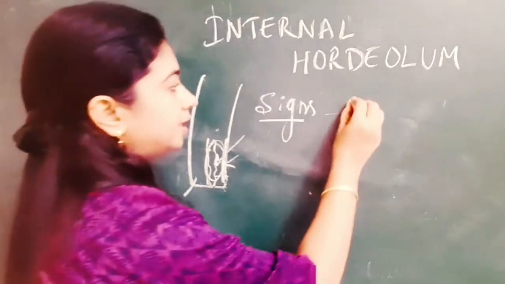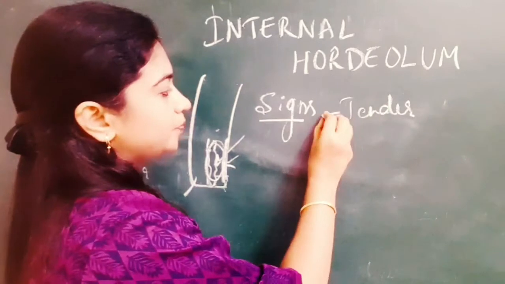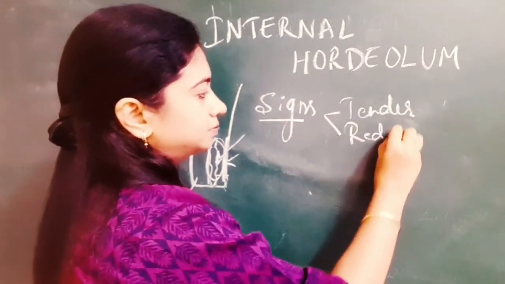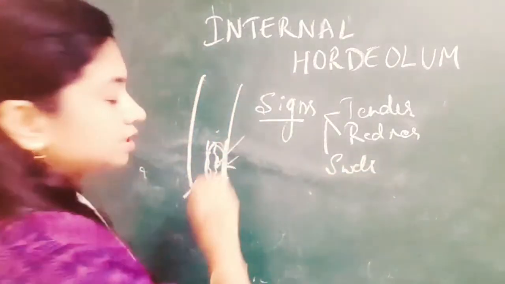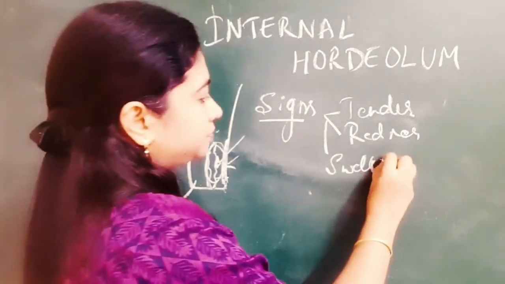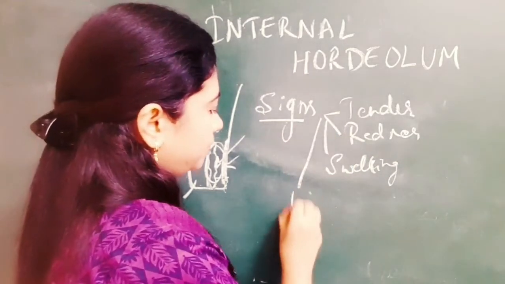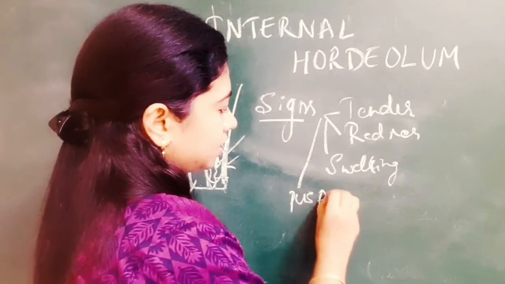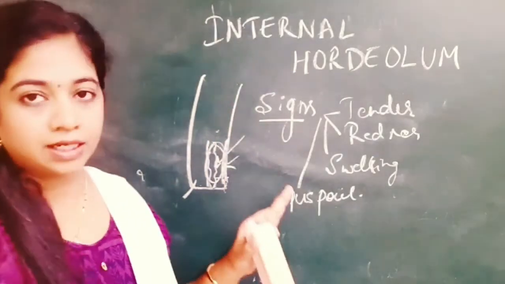You will have a tender eyelid, okay, because there is acute infection and inflammation, and there is redness of the eyelid and a swelling which is more towards the conjunctival side. Okay, and it can sometimes form a pus pointing area which is again seen on the conjunctival side. Okay, these are the signs of internal hordeolum.